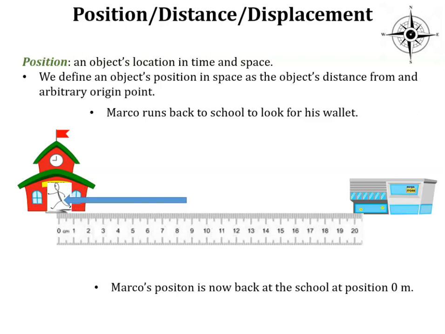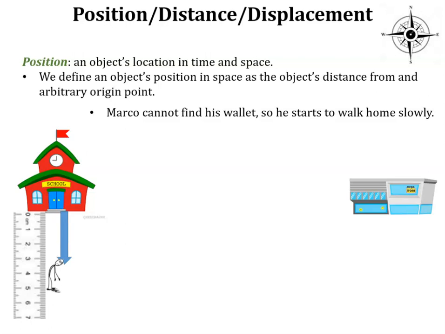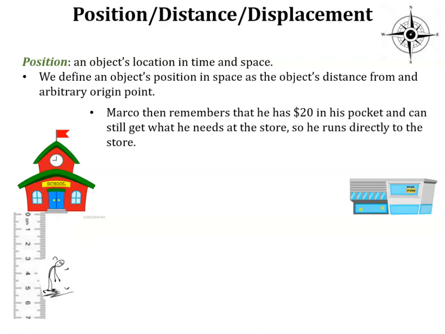So now Marco's position back at the school is 0 again. Marco can't find his wallet, so he starts to walk home slowly. And when he is 250 meters south of the school, he remembers that he has 20 bucks in his pocket and he can still get what he needs at the store, so he runs directly to the store.